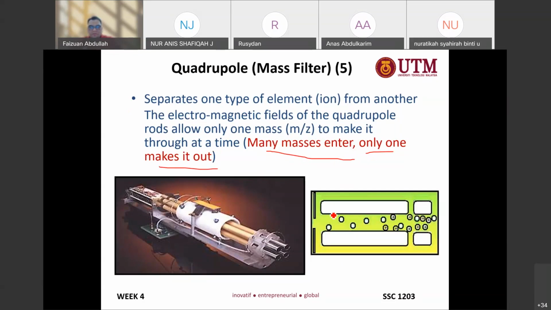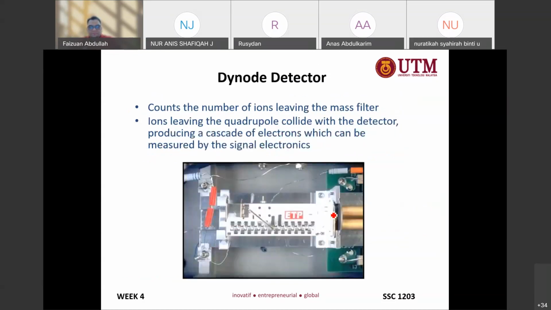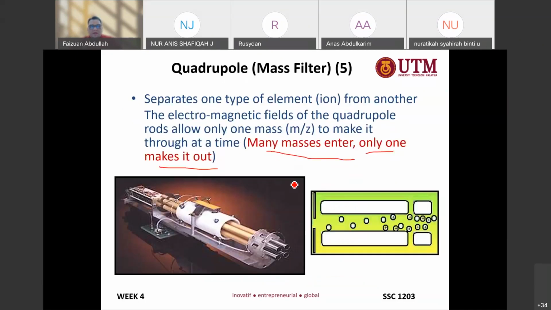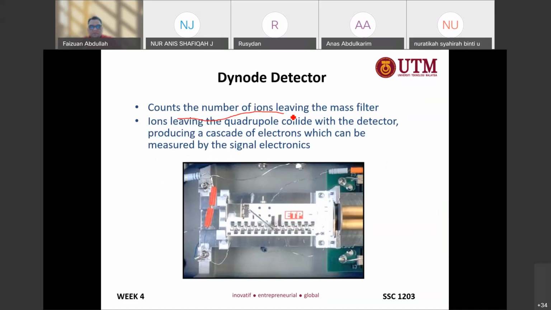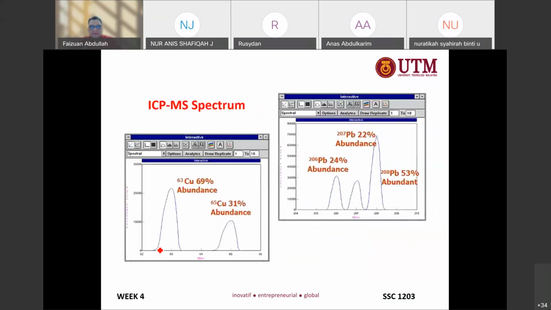The ions leaving the quadrupole collide with the detector, producing a cascade of electrons which can be measured by the signal electronics, and then we get the response of every single element.